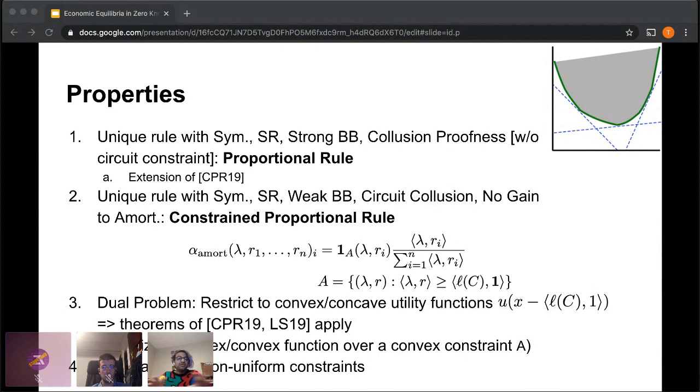So you can view this entire constraint as, I have agents who are getting proportionally allocated fees, but their utility function is constrained to a convex set, and the convex set is basically defined by the half planes defined by all the circuits. And this generalizes to non-uniform constraints, so you can actually combine multiple circuit constraints and get a polytope, like the thing you see above.